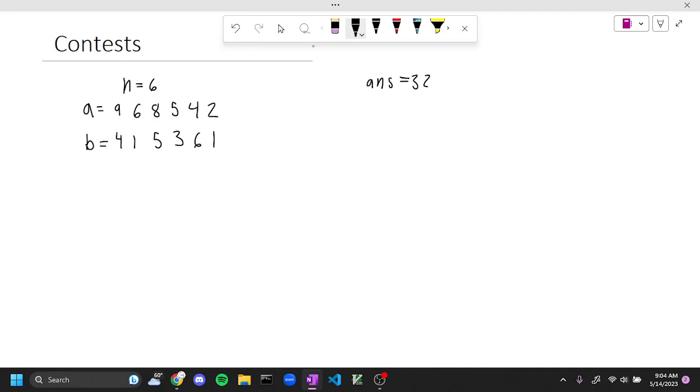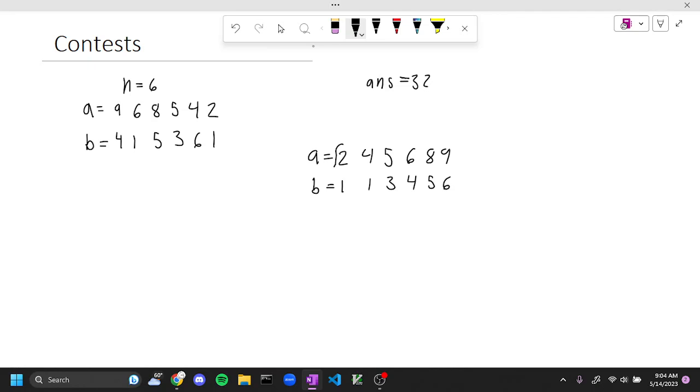After sorting, A becomes 2, 4, 5, 6, 8, 9. B becomes 1, 1, 3, 4, 5, 6. Okay.